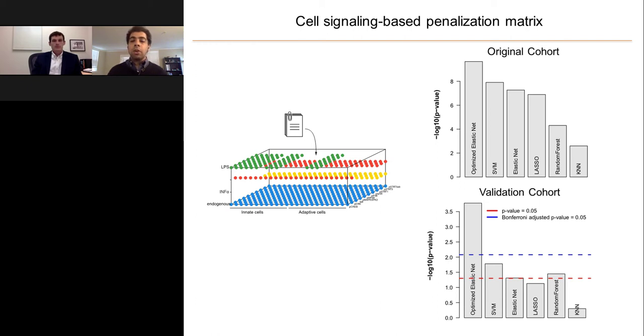On top, we have our original cohort, and on the bottom, we have our blinded validation cohort that the algorithm had never seen before. Originally, all these algorithms were doing really well, but on the bottom, when we look at our validation cohort, only the model that has this prior knowledge incorporated remains statistically significant after Bonferroni adjustment for multiple hypothesis testing.